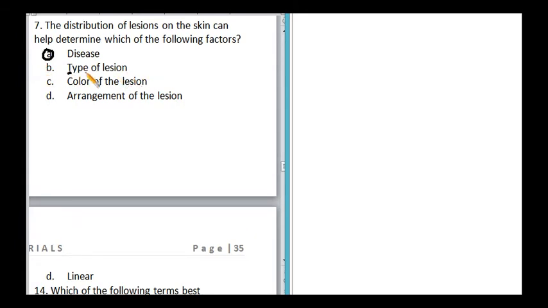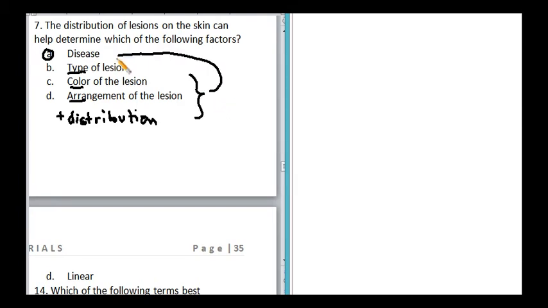Because the type, the color, the arrangement, plus the distribution, all of these factors will give you an idea of what specific skin disease is happening to the patient. Therefore, the answer here is letter A.